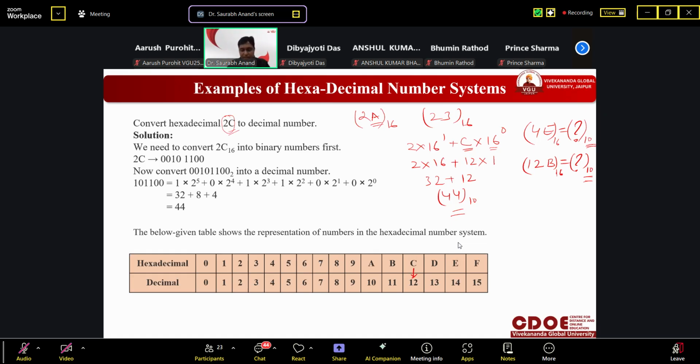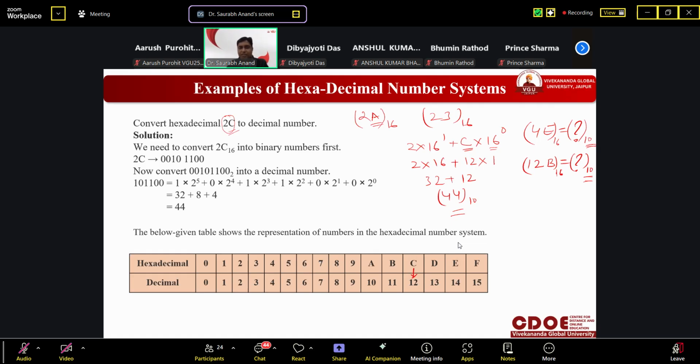And in number system, we have studied about decimal, that is base 10, binary, base 2, octal, base 8, and hexadecimal, base 16. In decimal the range is 0 to 9, in binary it is 0 to 1, in octal it is 0 to 7, and in hexadecimal it is 0 to 15.